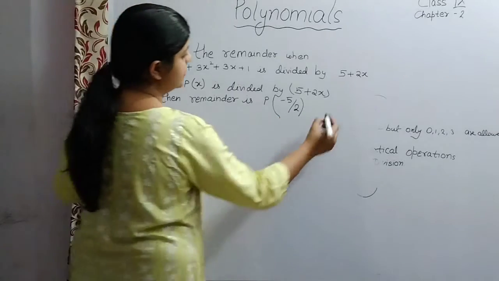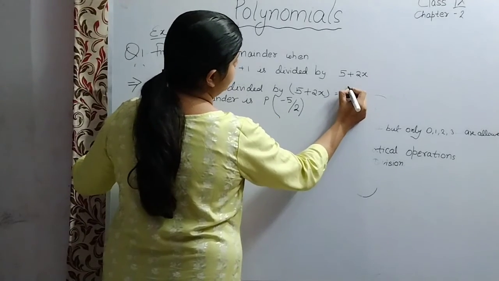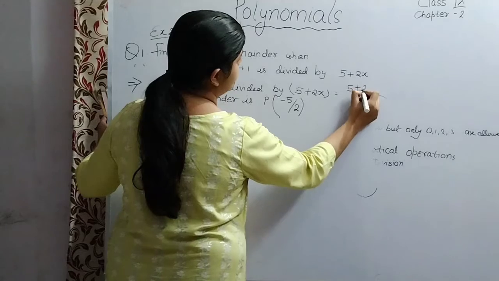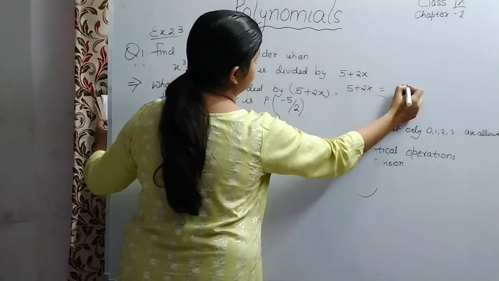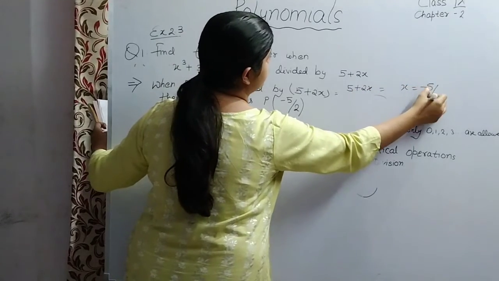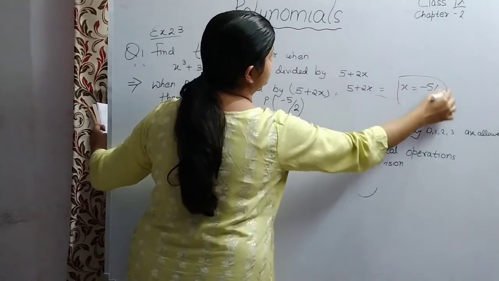Here 5 plus 2x equals 0, so x is equal to minus 5 by 2.